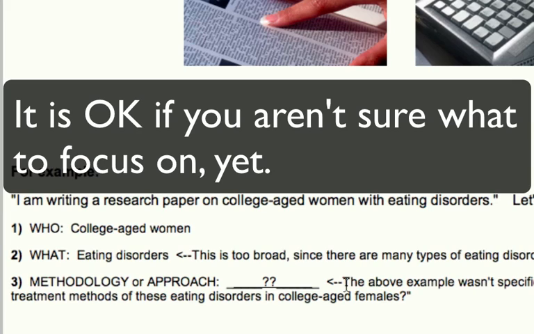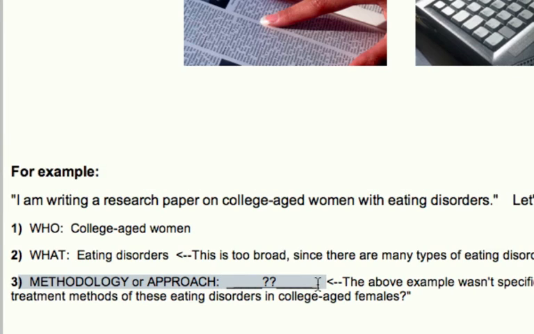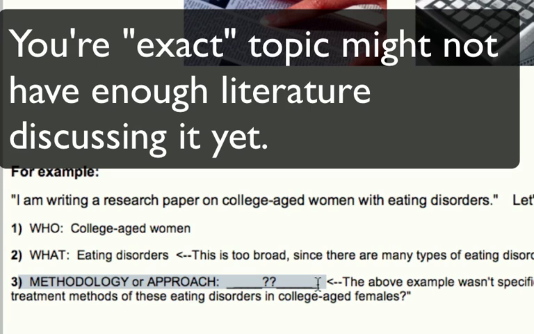I would say for number three, the third question, or the third concept, you can be pretty flexible on, because like I said, there are millions of scholarly research articles on every topic out there, but there might not be a significant or substantial amount of literature on your specific approach or your specific methodology. So, be flexible with your number three concept.